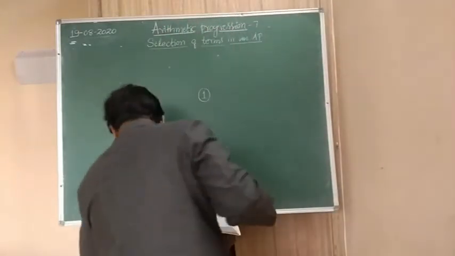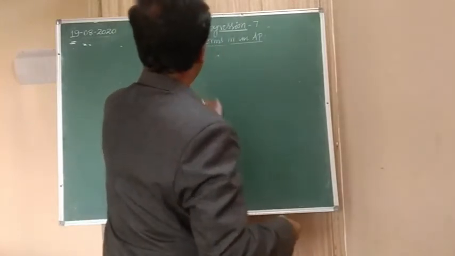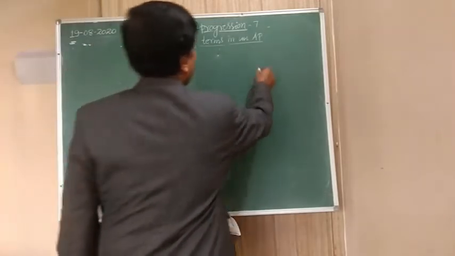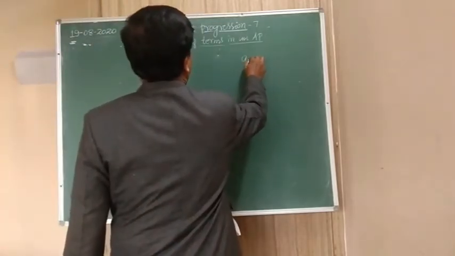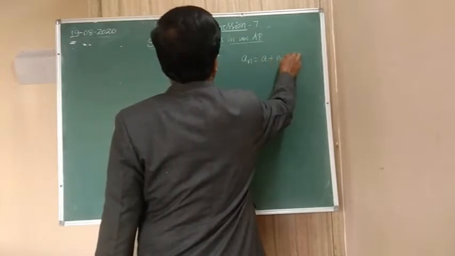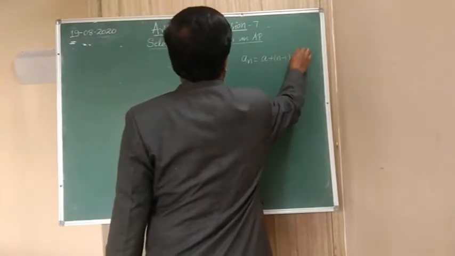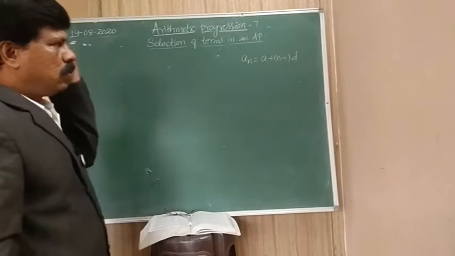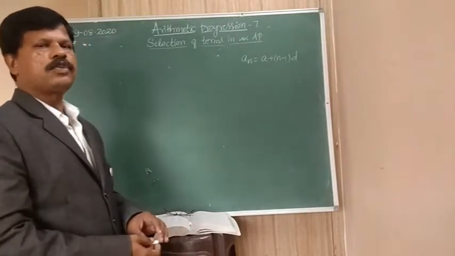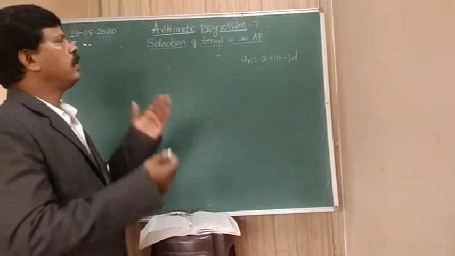Just recall that the nth term of an AP is given by a_n or T_n equal to a plus (n minus 1) into d. Using this formula, we have solved so many problems.